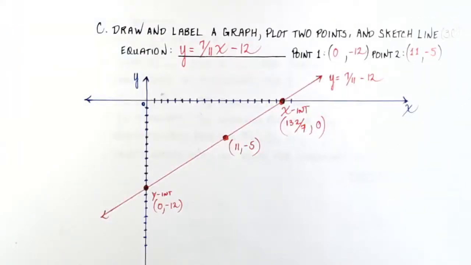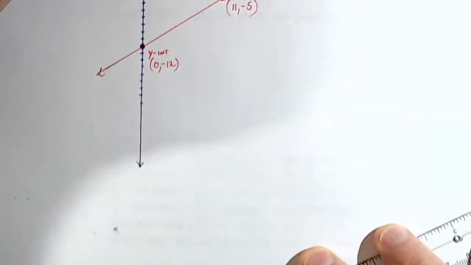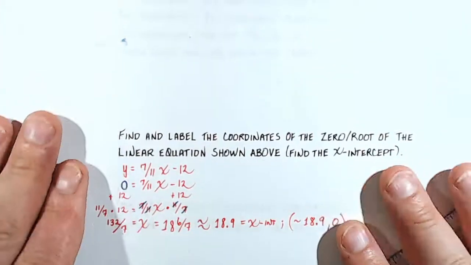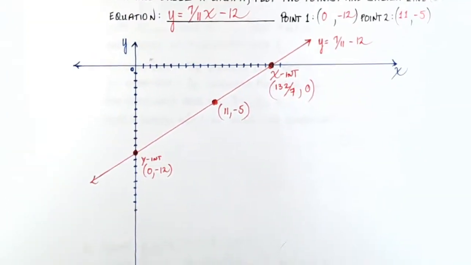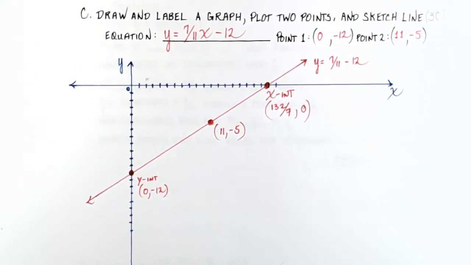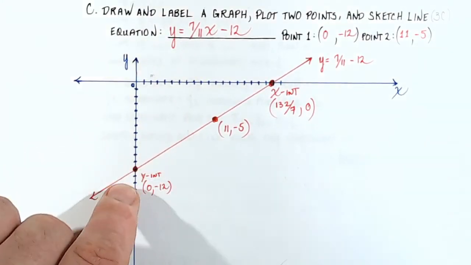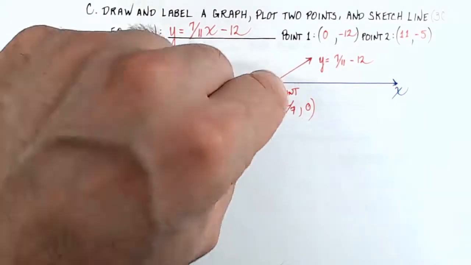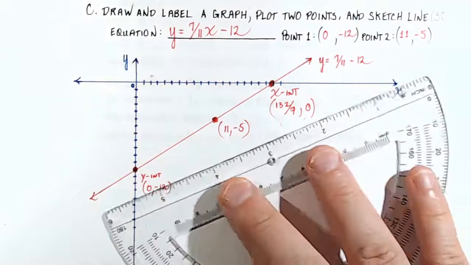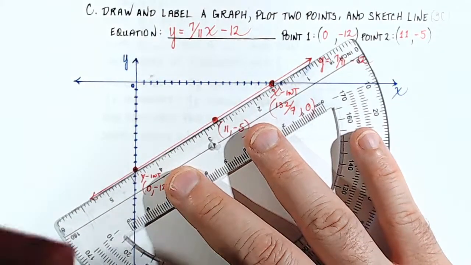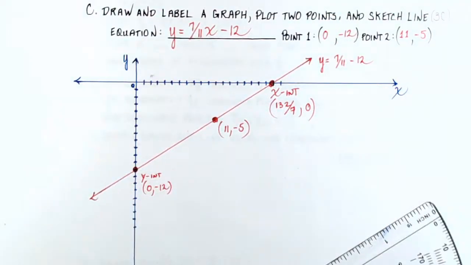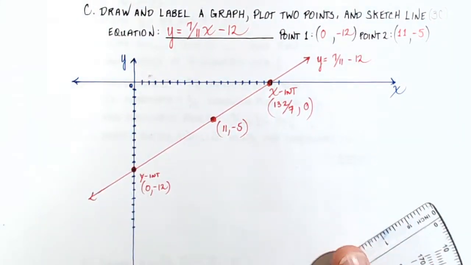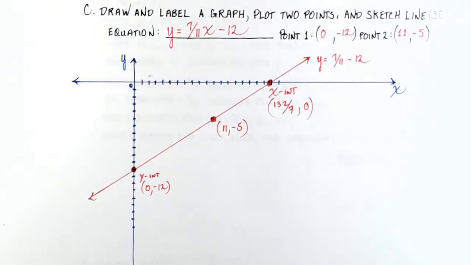We then used our knowledge of algebra to solve for the x-intercept. We drew a graph from nothing. We plotted the y-intercept, the other point that we found, and the x-intercept, and we saw that all those points lined up. We drew a line passing through all 3 points. We labeled each point, and then we labeled the graph itself. So those were all the steps that we have to follow to do this.